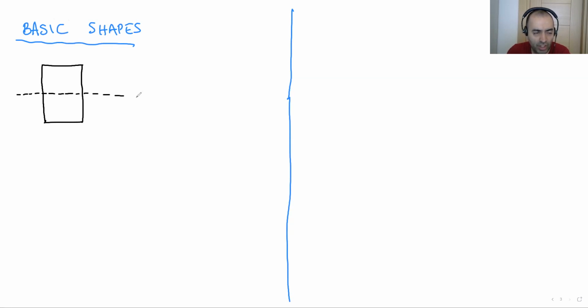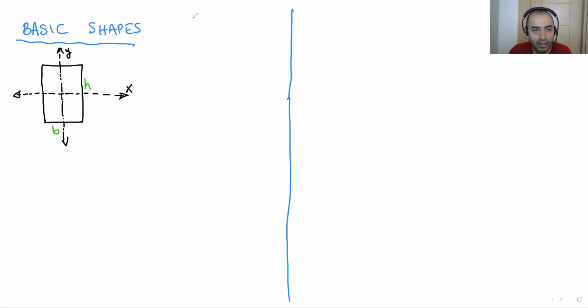The equation is really basic, but you need to understand the logic. Here, this is X, this is Y. This dimension is b, and this vertical dimension is h.